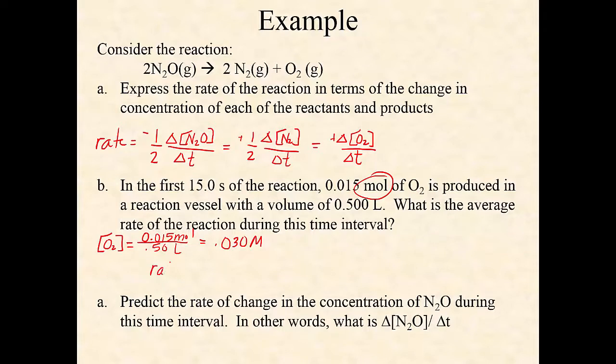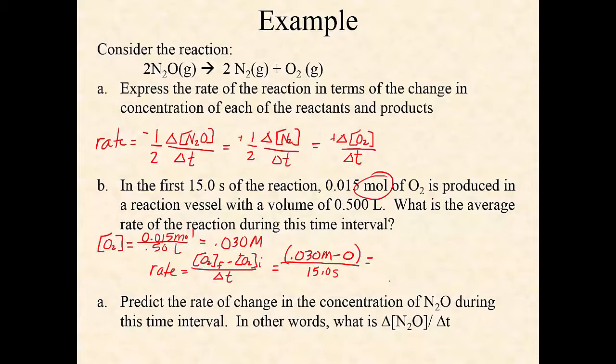Well, rate would just be the concentration of your oxygen final minus the concentration of your oxygen initial over how much time. Now I know my final concentration, 0.03 molar. Again, we start from initially, so you had nothing to begin with, and that happened in 15 seconds.